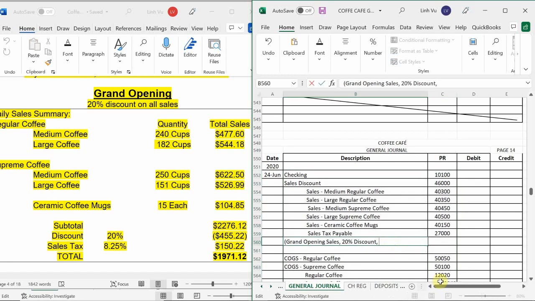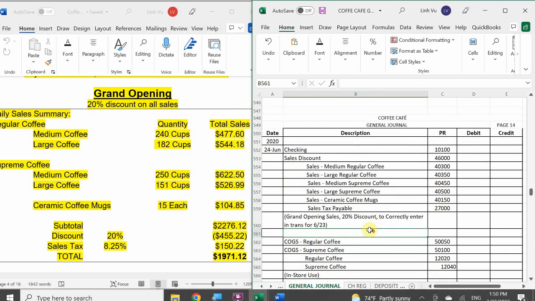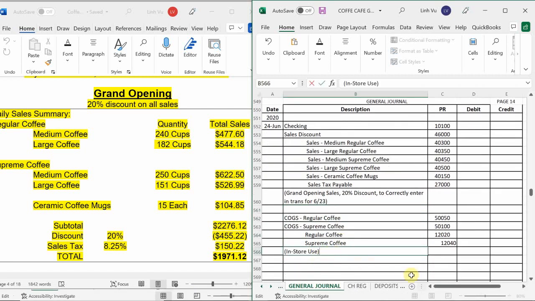And what I'm going to add here in the note is to correctly enter in a transaction for June 23rd. Okay? And that's what you got to do too. In-store use for sales on June 23rd.